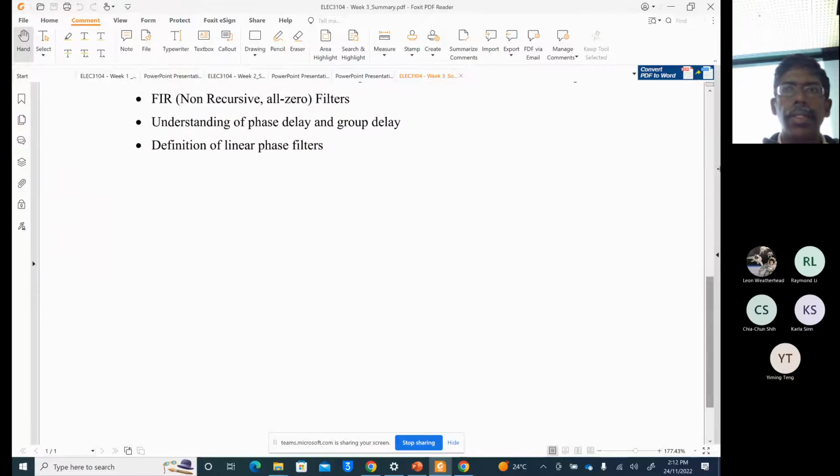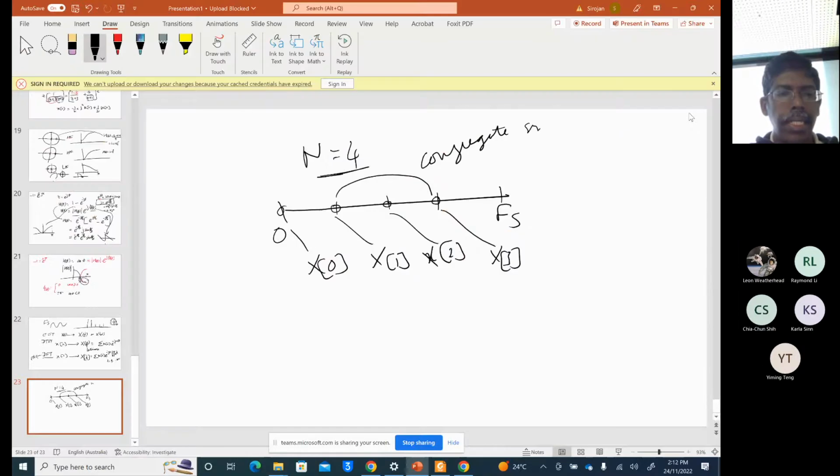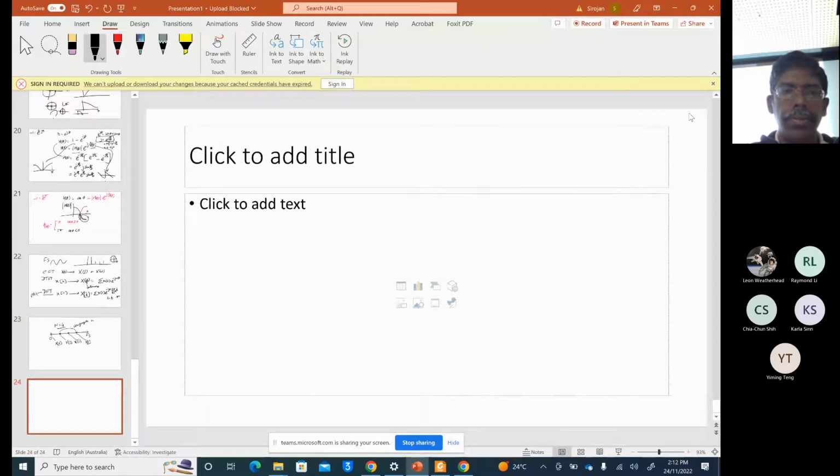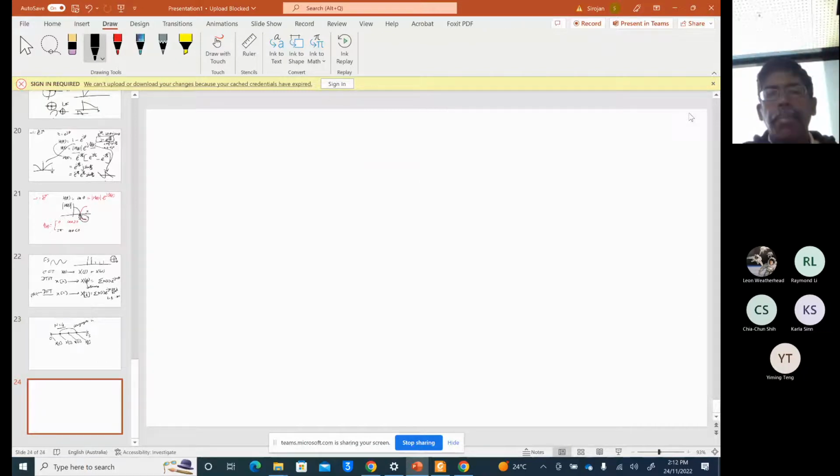So that is about the different types of filters: FIR filters, IIR filters, linear phase. So FIR doesn't have poles, only zeros. And some filters you need to know are linear phase filters.